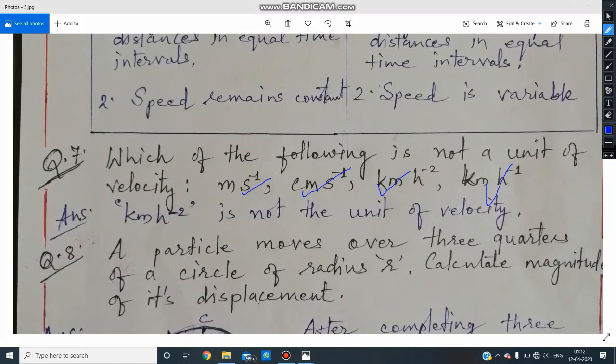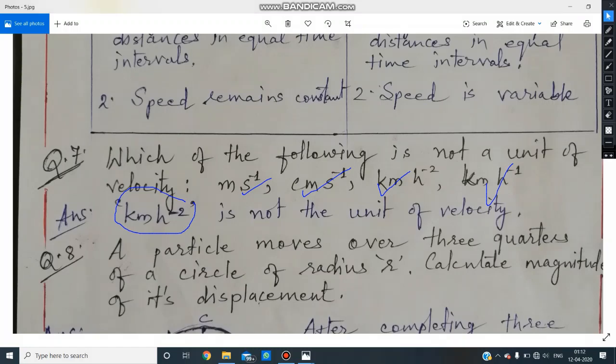Now, unit of displacement is the unit of length. It can be meter or kilometer or centimeter. And unit of time will be either second or hour. Now, in that way, we can easily see that the third one is not matching with the formula, and that's why our answer is kilometer hour to the power minus 2. Moving on to the next question.